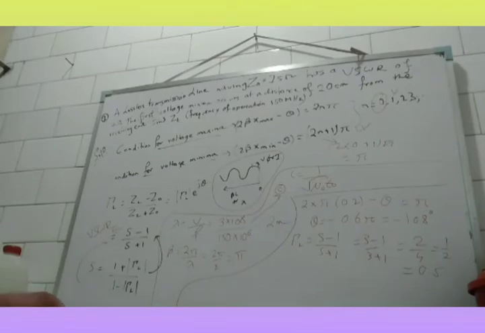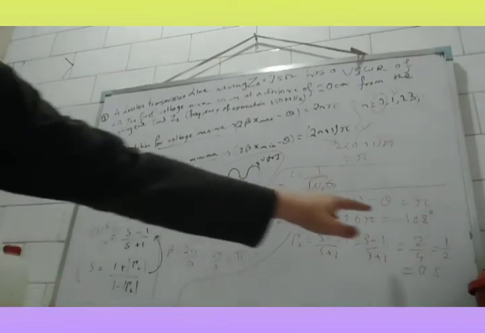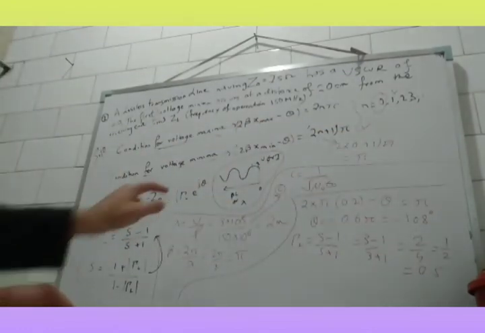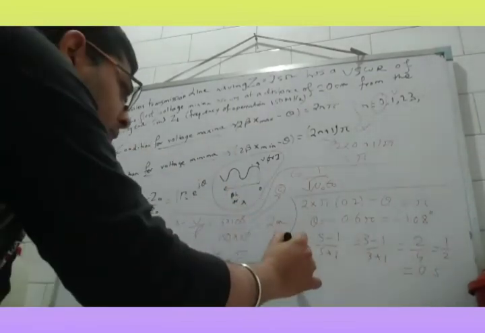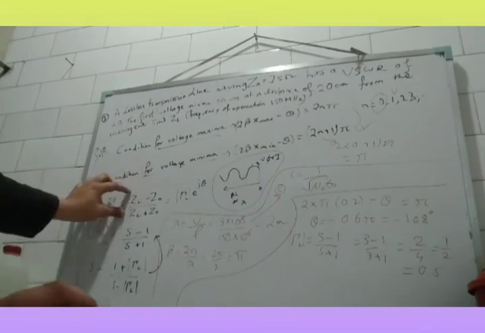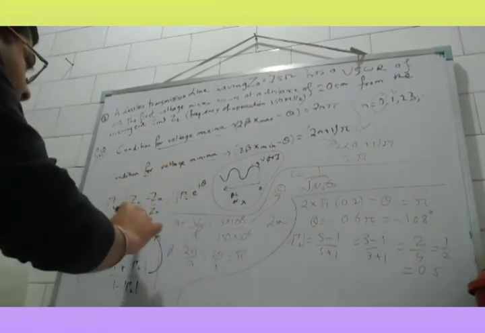Now this theta is minus 108, and this mod value is 0.5. Okay, you can take the mod. Now we know this formula. So what you can do is, let us take this part.